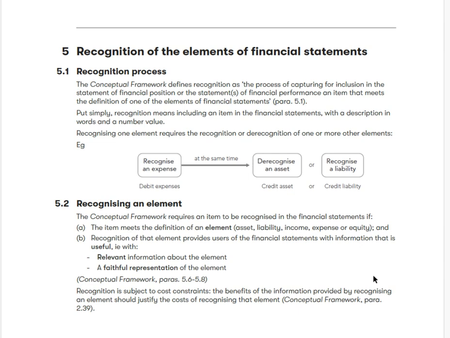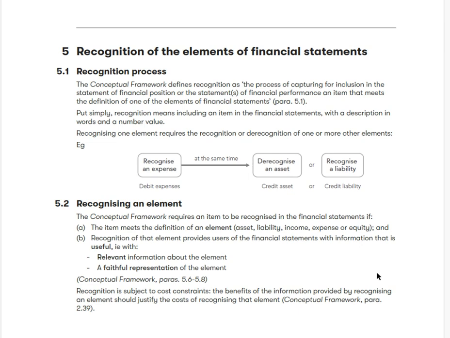So one of the elements has to be brought in. It has to meet the definitions of conceptual framework. Put simply, recognition means including an item in the financial statement with a description in words and a number value.